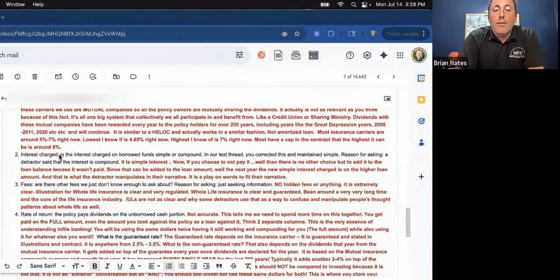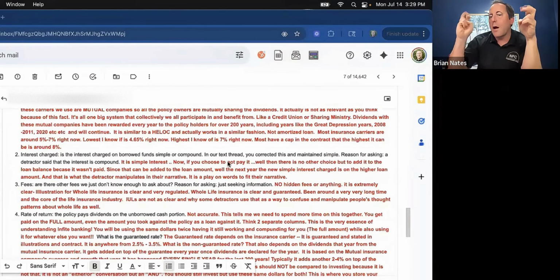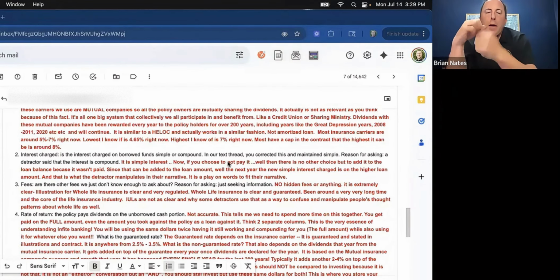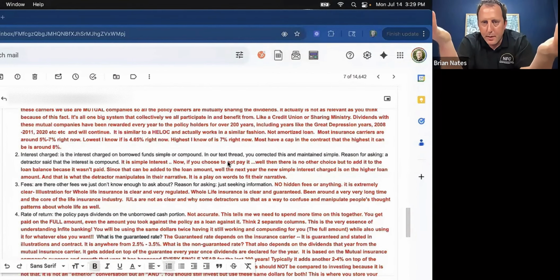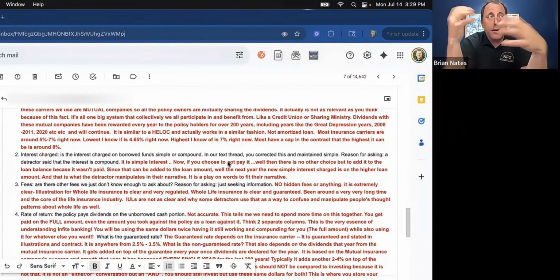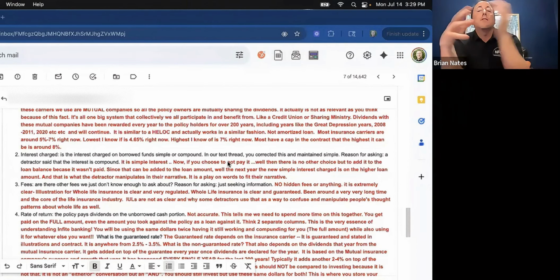Okay, so the interest itself: is the interest charged on borrowed funds simple or compound? It's simple. Now, if you choose not to pay it, that's where these detractors say, oh, but look, it's compound interest. Because if you don't pay the interest on the loan, the insurance company has no other choice. They say, well, you haven't paid that, so we've got to add it to the loan balance.